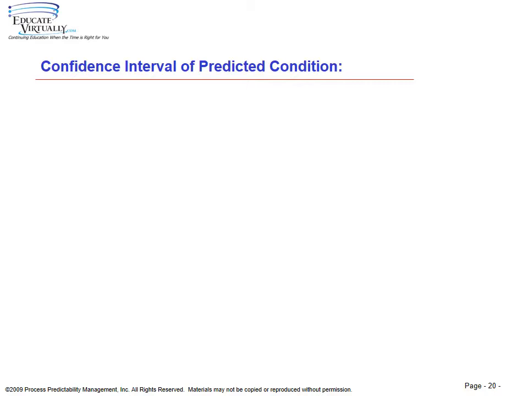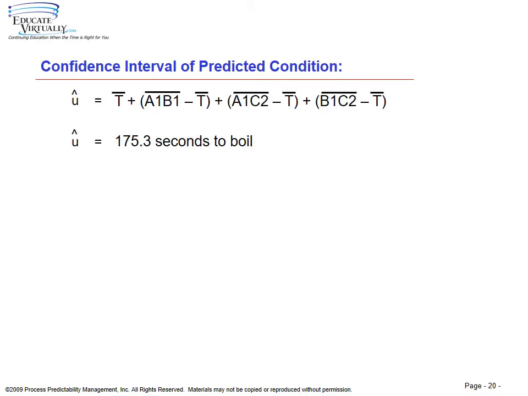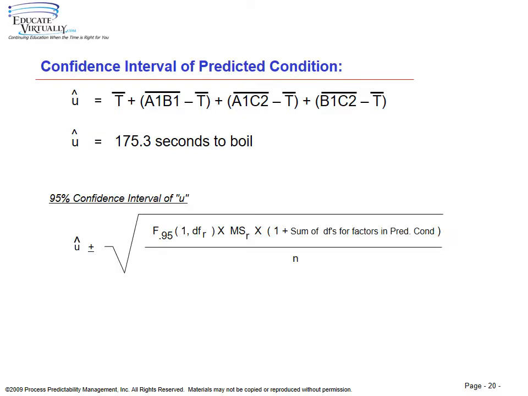Now we're ready to put together the confidence interval, or the plus or minus values about our predicted condition. We predicted that we should be boiling water in 175.3 seconds. In this case it'll be a 95% confidence interval.